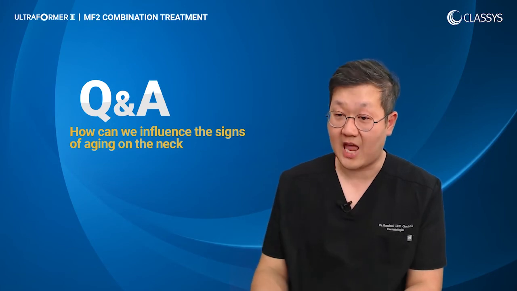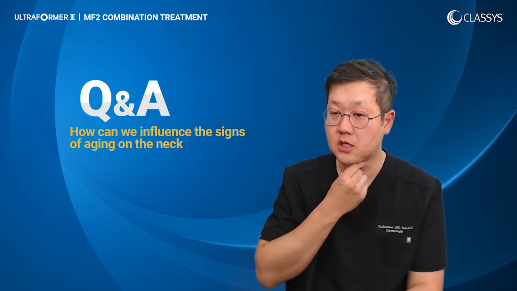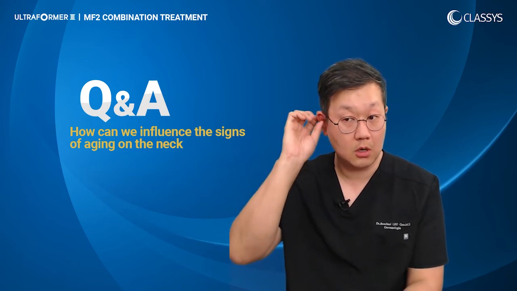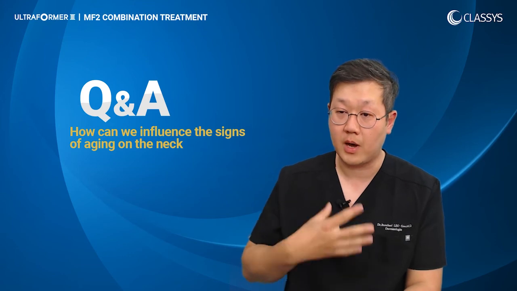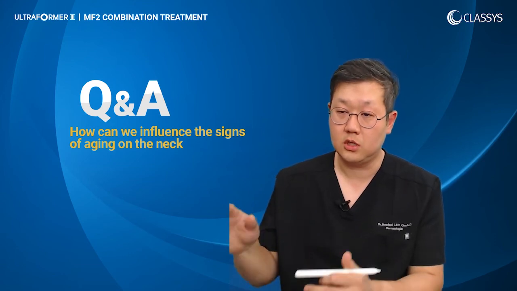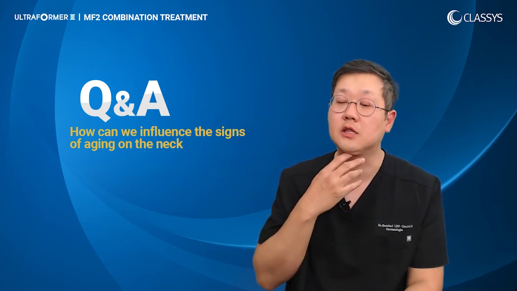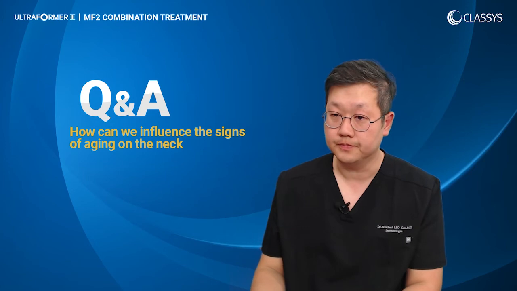But if the sagging is just skin laxity, you can pinch the skin and stretch it all around. So it is very easy, but you can't discriminate when the patient is in a supine position. You need to have them relax, lie down on the bed, extend the neck all the way, and you can just pinch them. It's very easy to do.